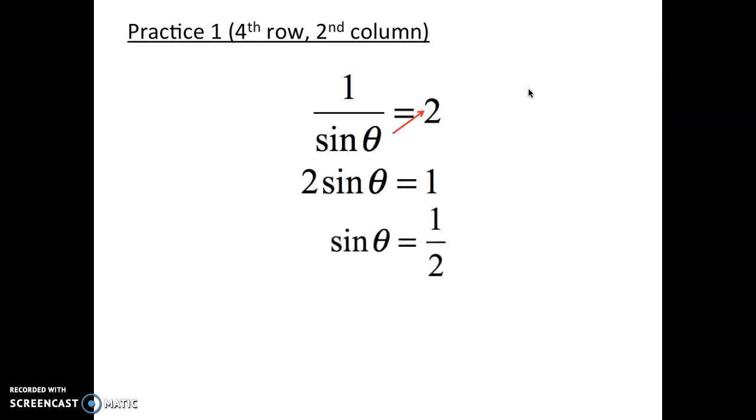So sine theta equals 1 over 2 when we bring 2 over to the other side. With this, we can now find theta, which is inverse sine of a half. This will give us 30 degrees. With this, please try to complete the other questions in practice 1.